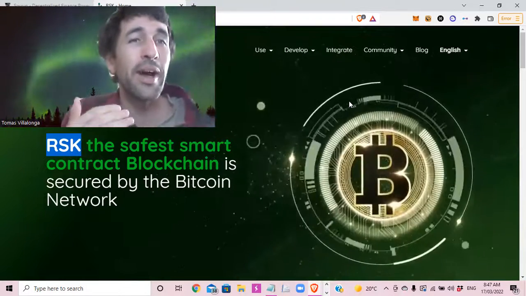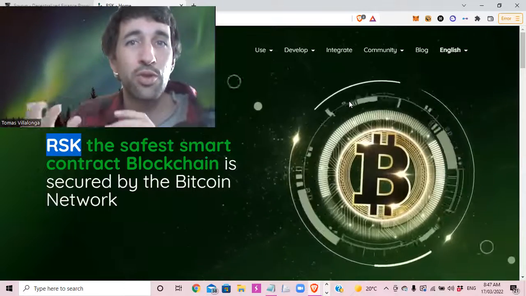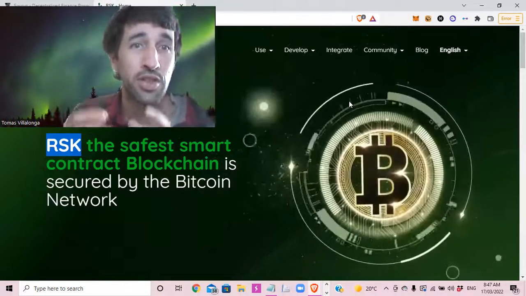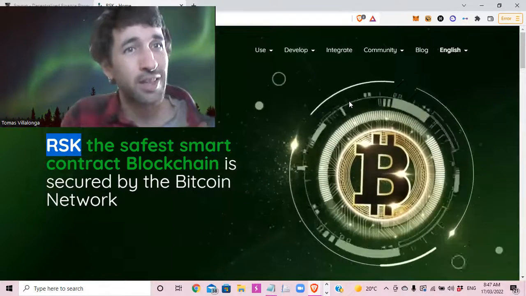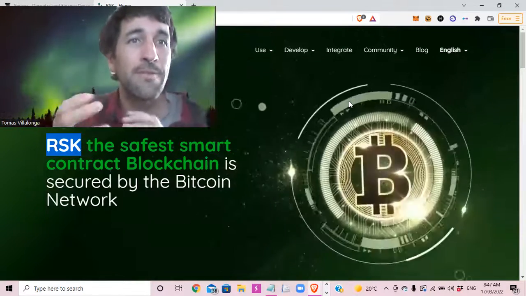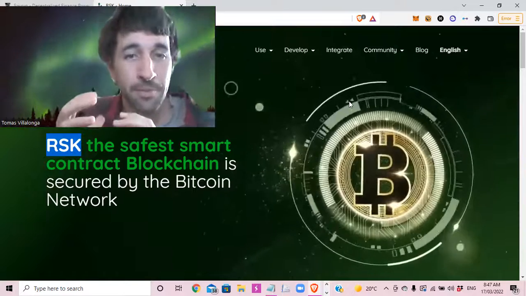If a miner is trying to give themselves more Bitcoins than they should, the nodes will check and reject that block, so it would not go into the blockchain. That's the defense mechanism that Bitcoin has.